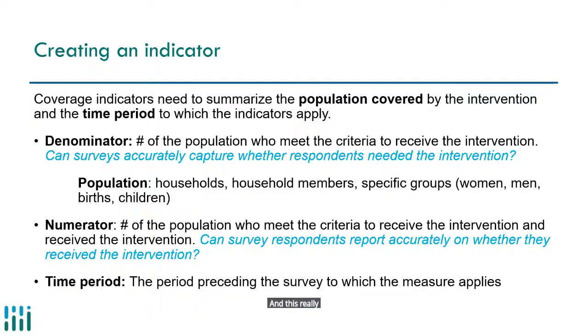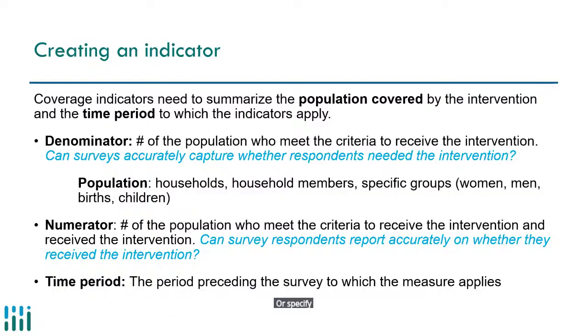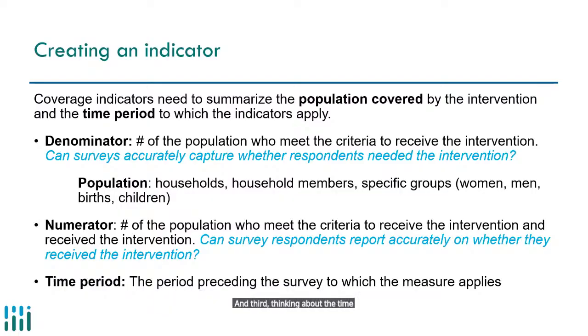This really brings up the issue of recall and other aspects of reporting that may be challenging and fraught with errors, such as when questions are asked about adherence, the count of an intervention received, the specific timing, or detailed messages, such as counseling interventions that they had received, which may be challenging for respondents to report accurately. And third, thinking about the time period, what is the appropriate time period preceding the survey interview to which the measure applies? Next slide.